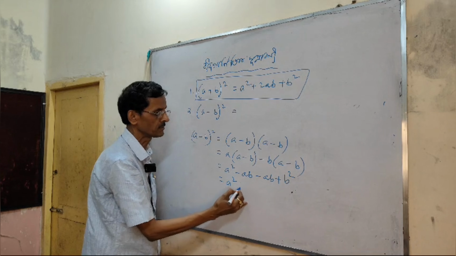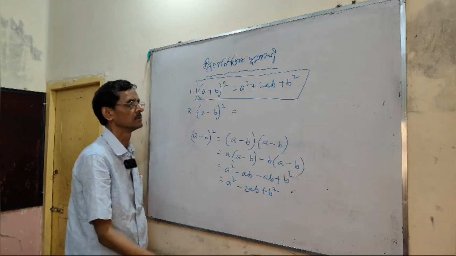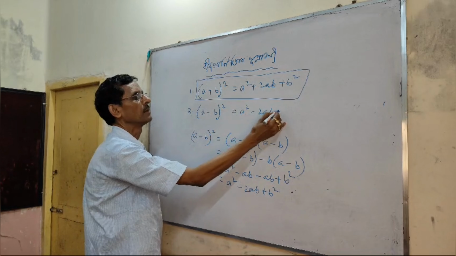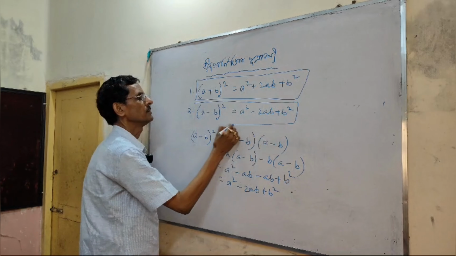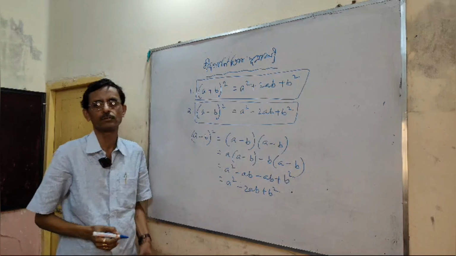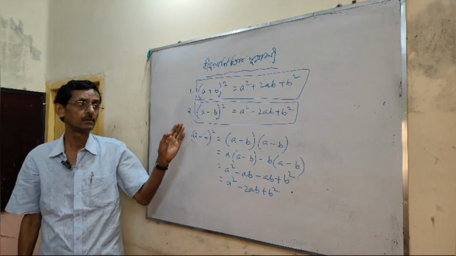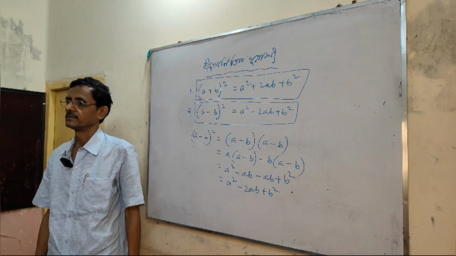Then it comes minus 2ab plus b square. So a minus b whole square is equal to a square minus 2ab plus b square.